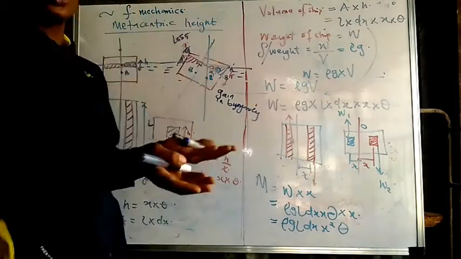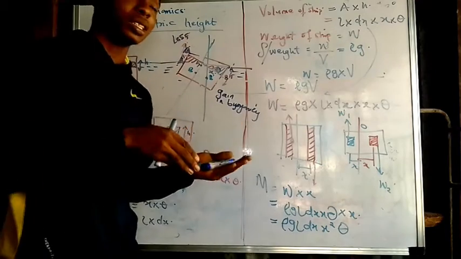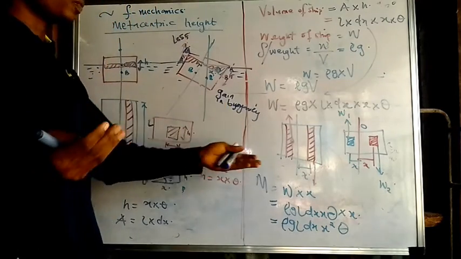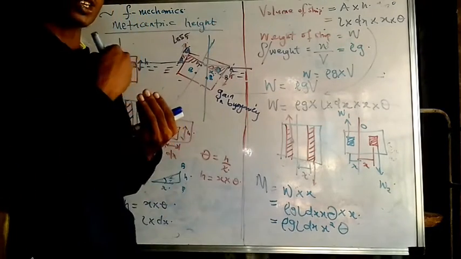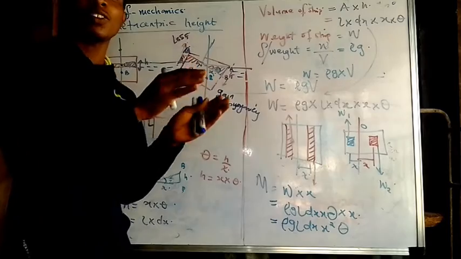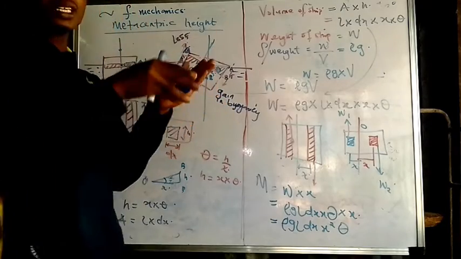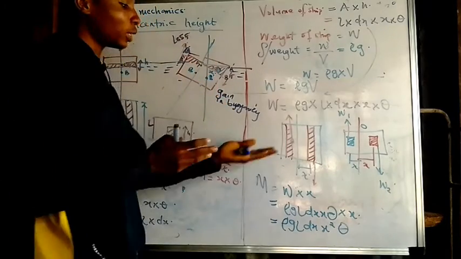To get the whole body, we have to integrate, because when we consider differentiation, we are considering a smaller part of a particular body. So when we integrate it, we get the whole portion of that body.